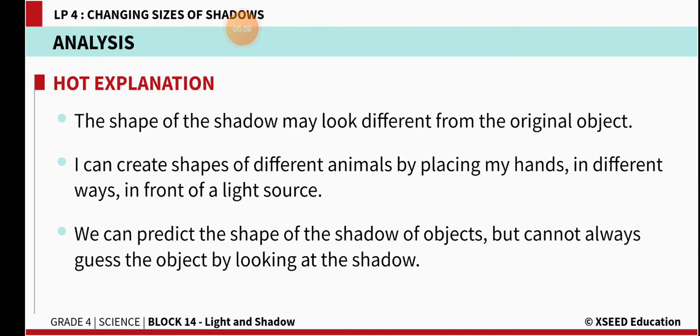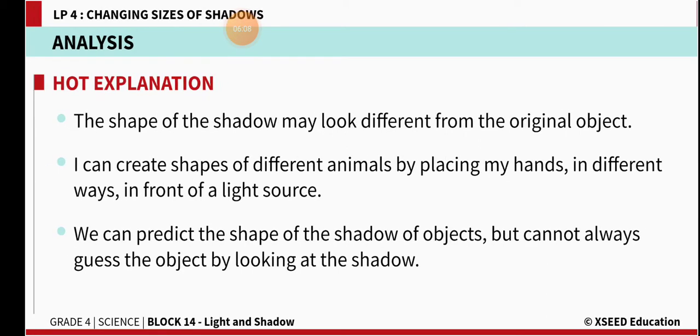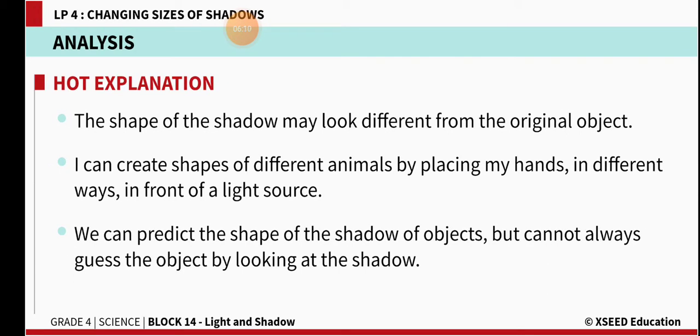I can create shapes of different animals by placing my hands in different ways in front of a light source. This you know very well. You can play with your fingers by keeping them in the way of light and forming shadows of different animals on walls.